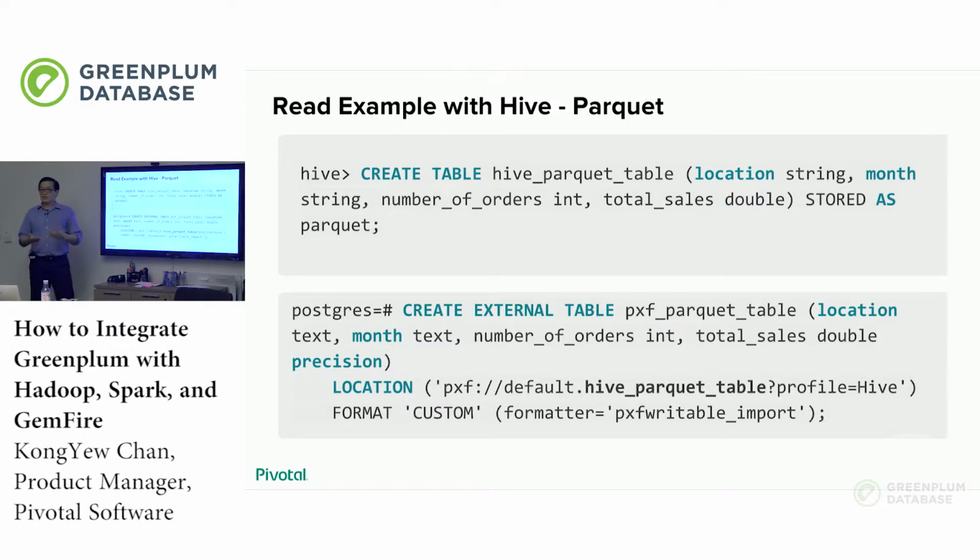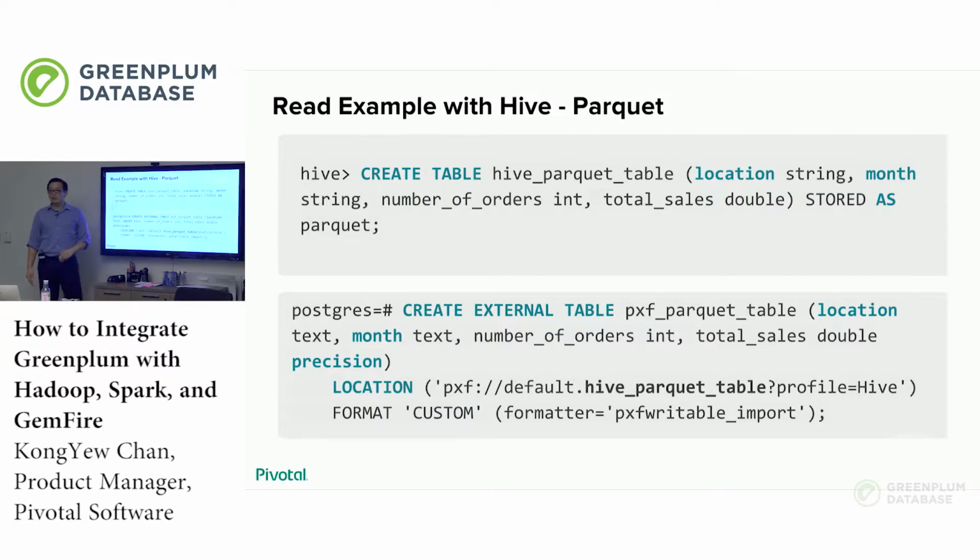And since you already created this table in Hive, if you want to load this set of data, you want to load it as simply as possible. The way we have created this external table is that it allows you to reference a Hive table when you specify the location, default Hive.